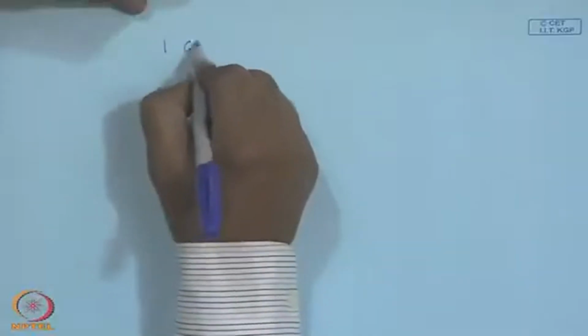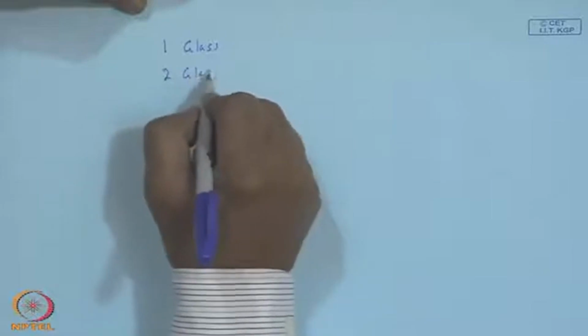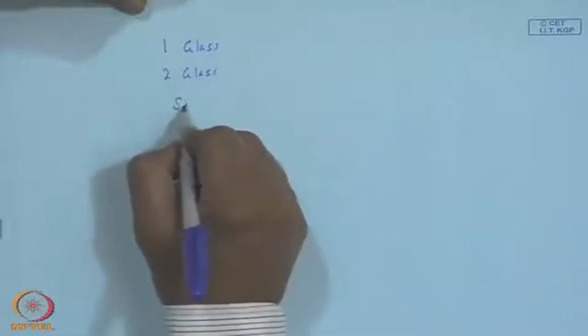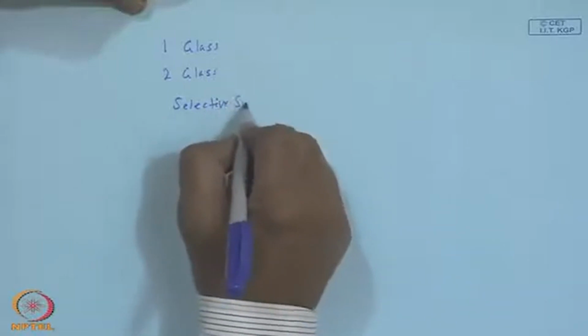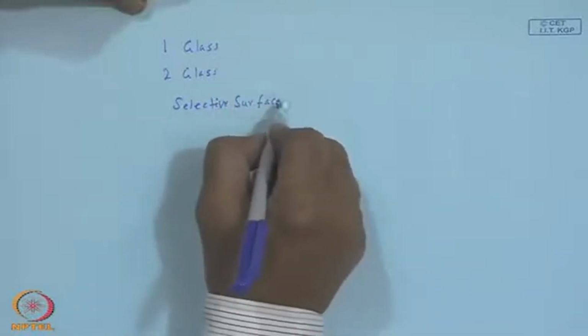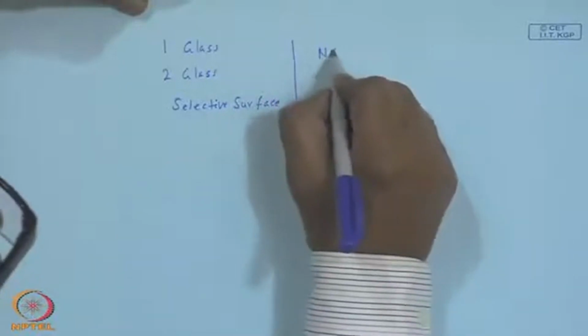So, in short, it is not just a question of efficiency. We choose one glass, two glass, or a selective surface and in fact, you will be surprised, even no glass cover.